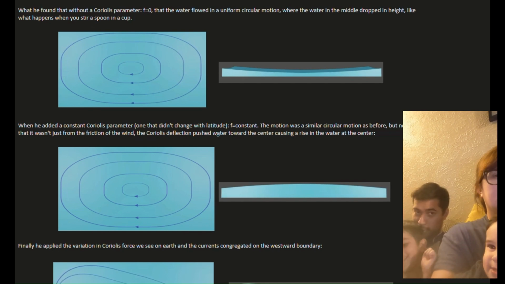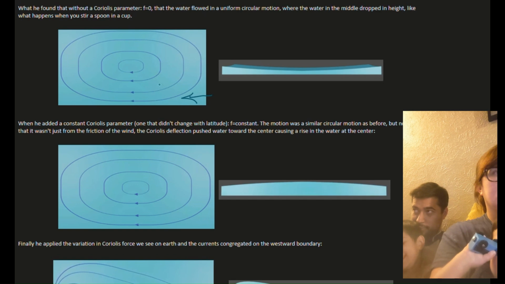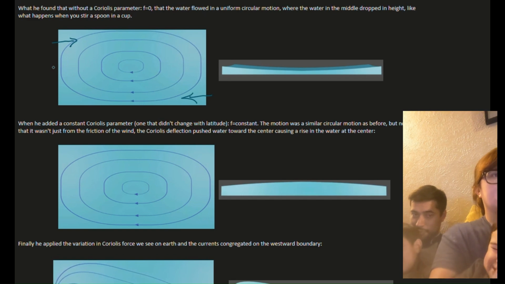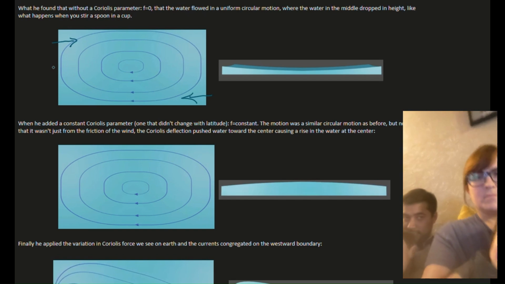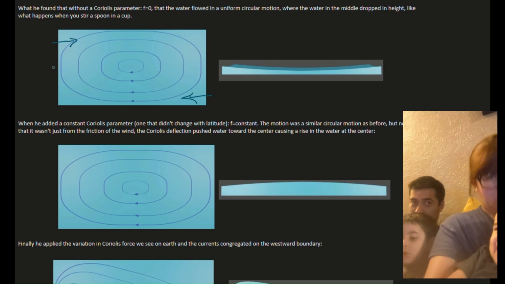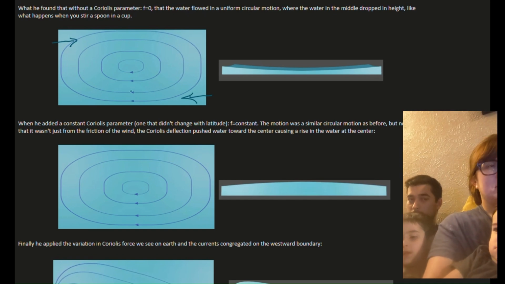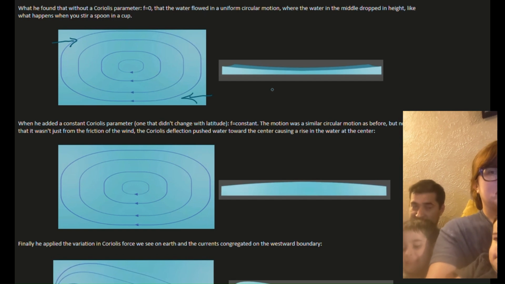He also had winds blowing across the north part, or the top of the tank, that mimicked the westerly winds you see in the northern hemisphere. What he found was a uniform circular motion, and that much like when you stir a spoon in a cup, the water towards the center had a dip.